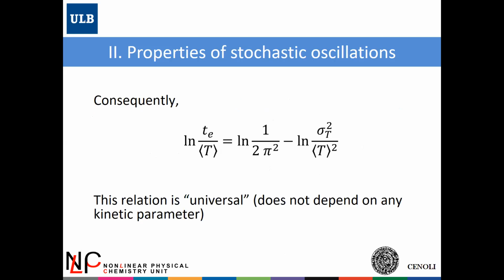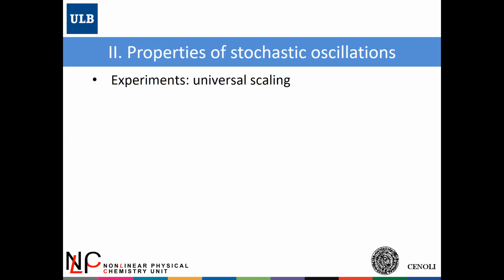What is nice with this expression is that by doing these log-log plots, one can verify the prediction of the Fokker-Planck equation solely based on measurements on the time series. Because TE, the average T, and the variance of the first return times are all obtained directly from the time series, and you do not need any model or any additional parameter that would come from kinetics or whatever to verify that this is correct.